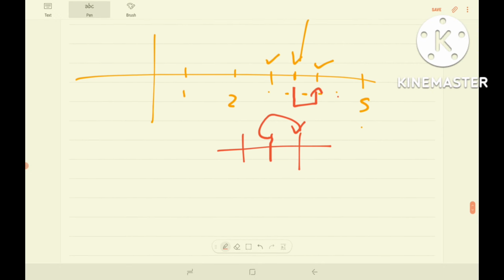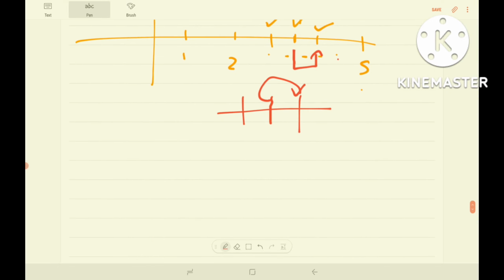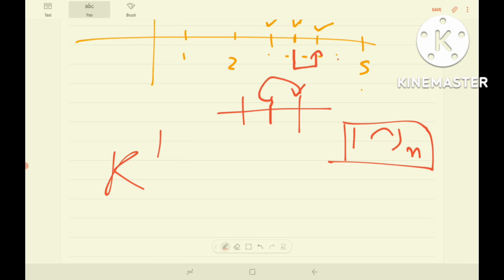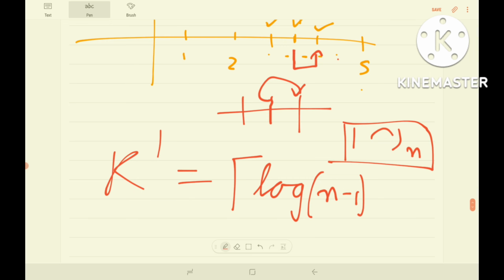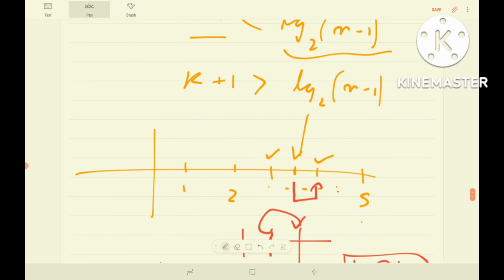So basically, k dash, the number of time steps that it would take to cover from 1 to n, to forge a connection between them, is equal to roof function of log n minus 1, base 2, obviously. How could I forget that?